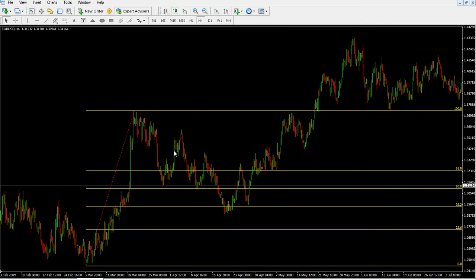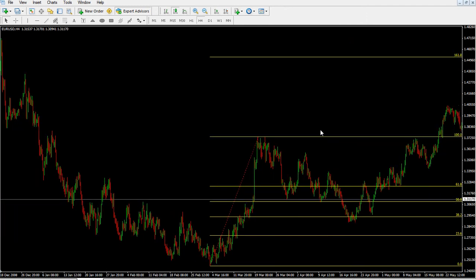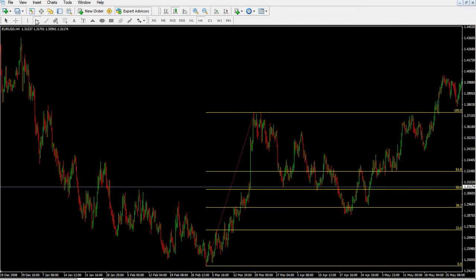Like you see here, for example, the price moved back and came back one more time and broke this level to the downside. So Fibonacci really is showing us some particular support resistance, and it is important because most of those lines will also be support resistance of important levels from before.